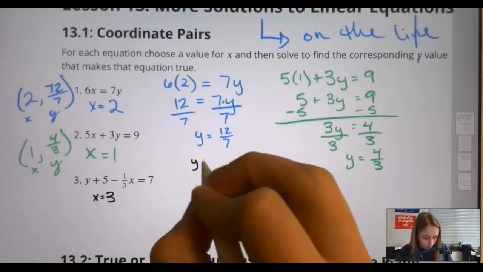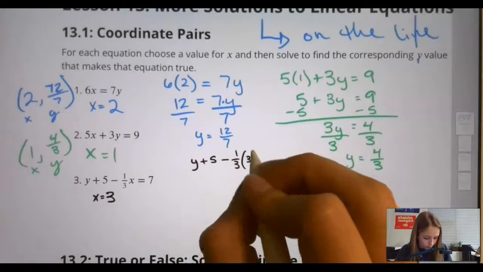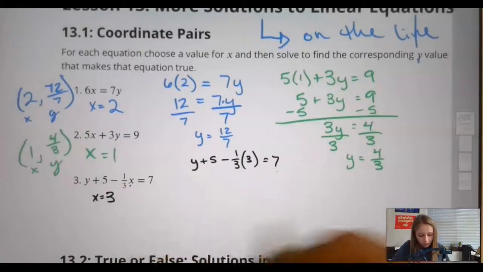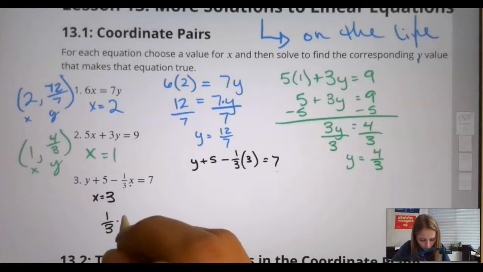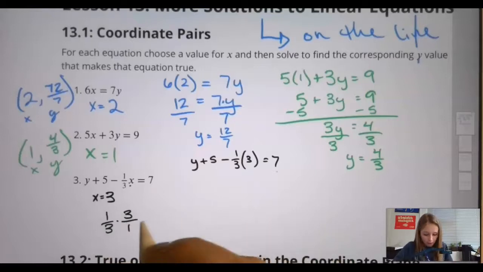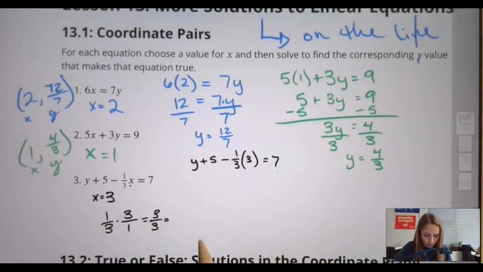So I'm going to have y plus 5 minus 1/3 times 3 equals 7, plugging that in for where that x was. Now I'm going to do the multiplication over here. If I have 1/3 times 3, it's the same as having 3 over 1. So I'm going to put them both as a fraction to help me out. I multiply across, and I get 3 on top and 3 on the bottom.